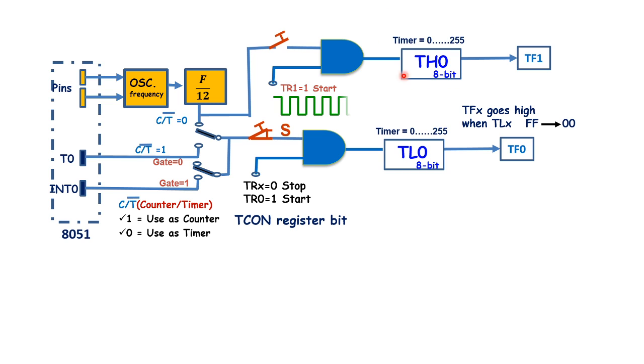Similarly, this is timer 0's higher byte, and it again rolls over, from 0 to 255, means 00H to FFH. When the rollover occurs, then it stops. So this is the clock provided for this TH0 and TL0, lower byte of timer 0, higher byte of timer 0.